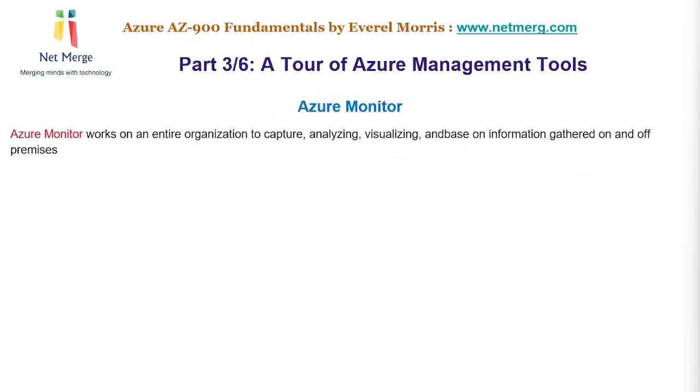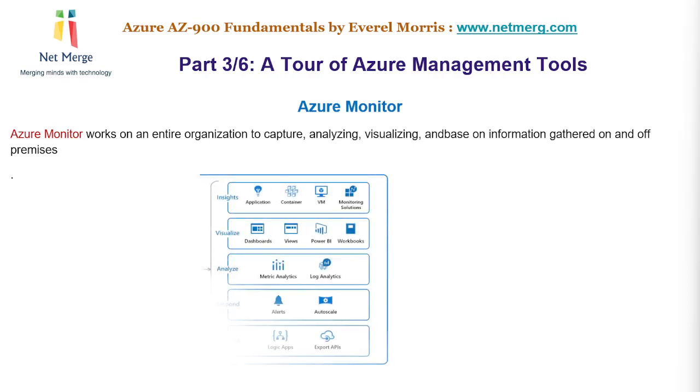Now let's take a look at Azure Monitor. Azure Monitor works across an entire organization to capture, analyze, and visualize information gathered on and off premises. So it works across platforms for you as well. So it gives you a general overview of both your on-prem and Azure cloud service solution.